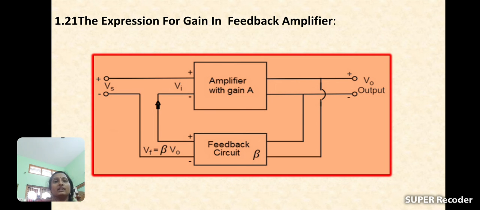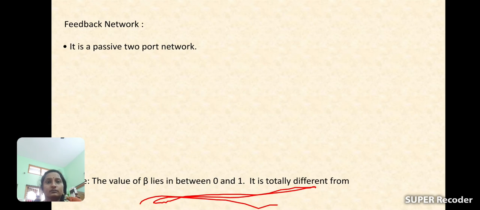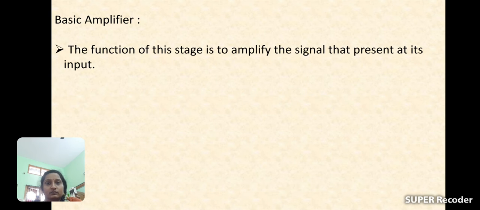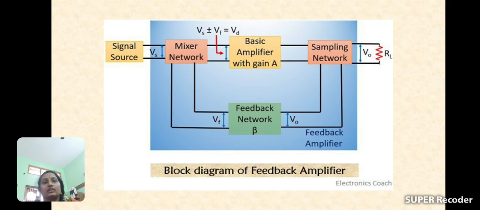Next is our mathematical expression. Before going to this, once I would like to revise, see the diagram. Why? Because it is a very important topic. See, in the block diagram of a feedback amplifier, 5 blocks are there.